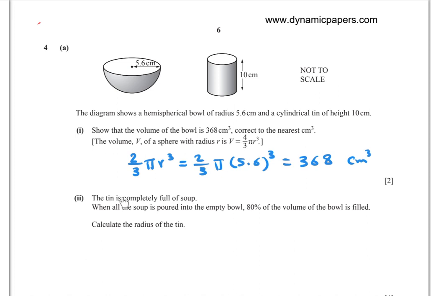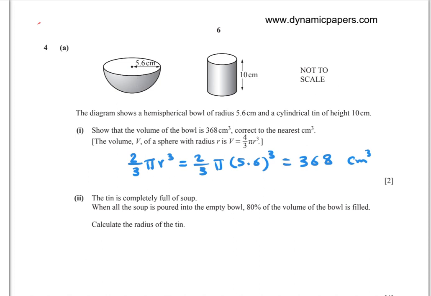Part b, i. The tin is completely full of soap. When the soap is poured into the empty bowl, 80% of the volume of the bowl is filled. Calculate the radius of the tin. So this means the volume of the tin equals 80% of the volume of the bowl.